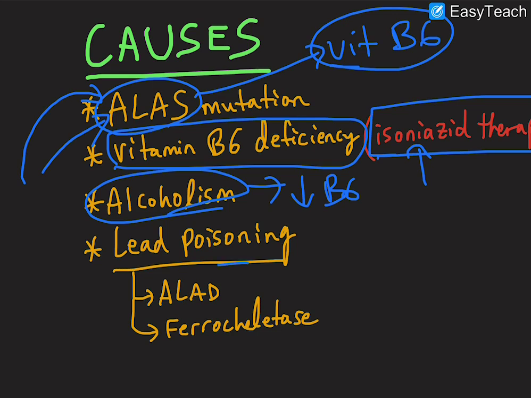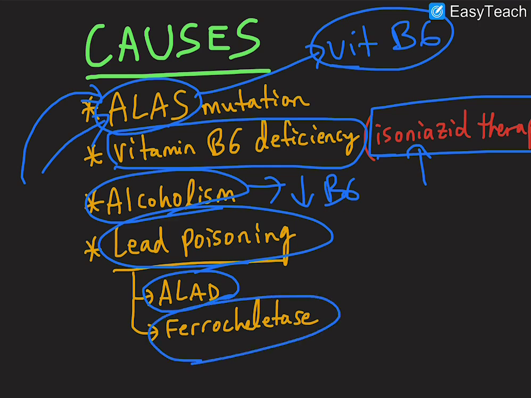And then remember lead poisoning. Remember the two enzymes we talked about in the protoporphyrin synthesis video that are affected by lead poisoning. Aminolevulinic acid dehydratase takes aminolevulinic acid and converts it to porphobilinogen, and ferrochelatase is also affected. Ferrochelatase takes protoporphyrin 9 and iron and combines them to form heme.